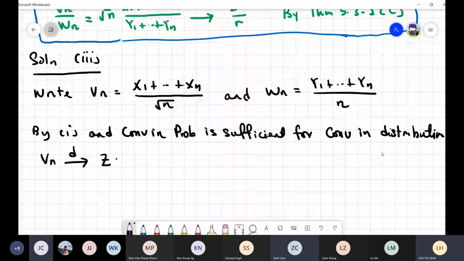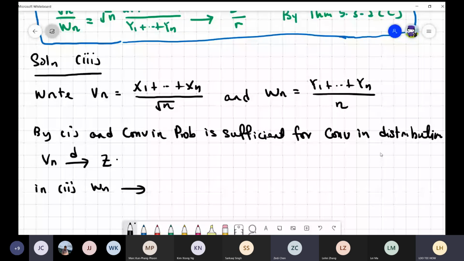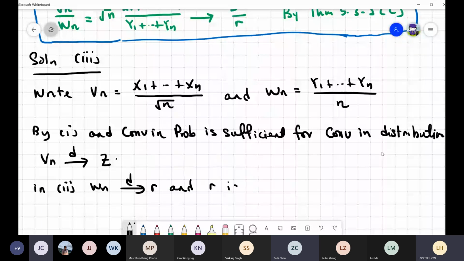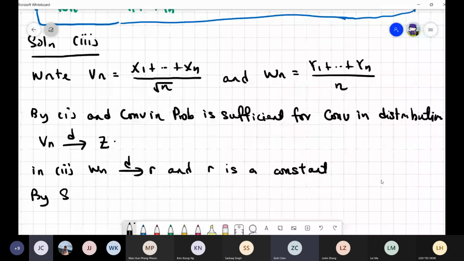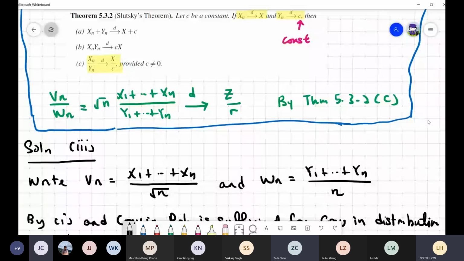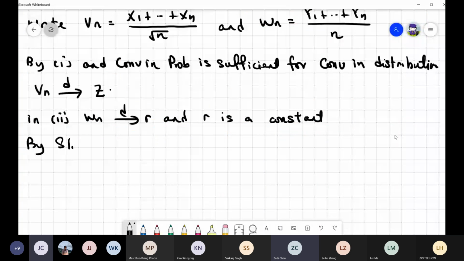And also in 2, Wn converges in distribution to R, and R is a constant. So you can see that by Slutsky theorems.